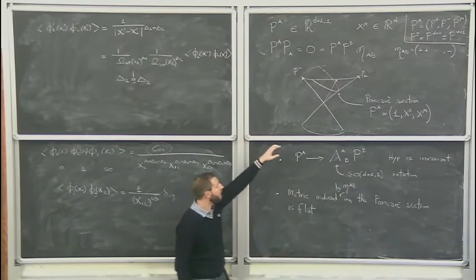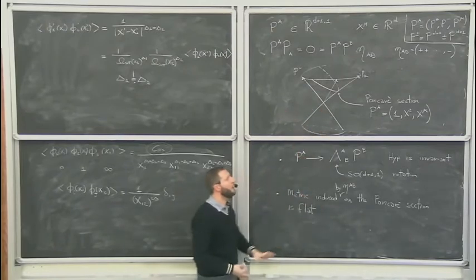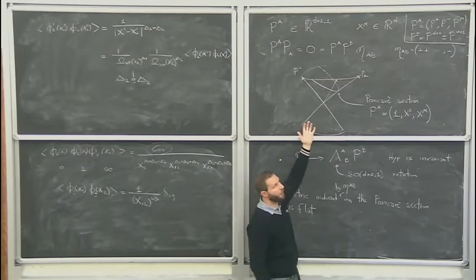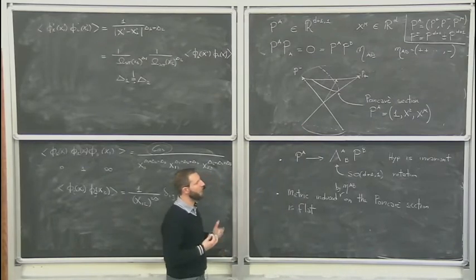So this is a flat codimension 2 surface in this space. This is good, because we started from R^d, so we wanted to reproduce a flat space.